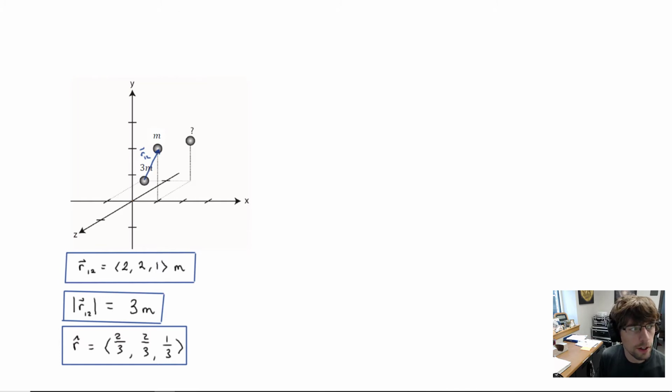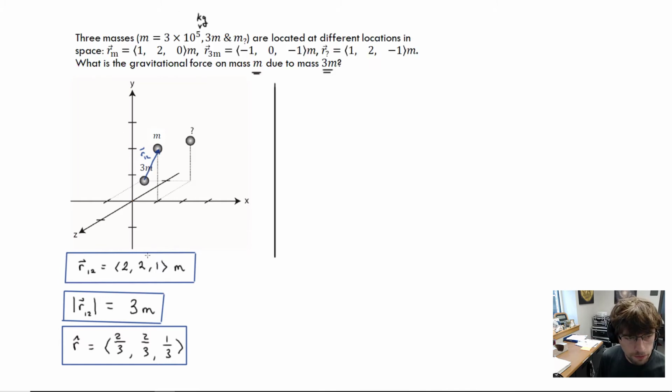So thinking about that negative sign and looking at the picture, the r hat vector points from 3m to m. And we already determined that. This is also why sometimes a picture does help out. That means that if I put a negative sign in here, that vector points from m to 3m. The negative sign flips the direction of that vector.